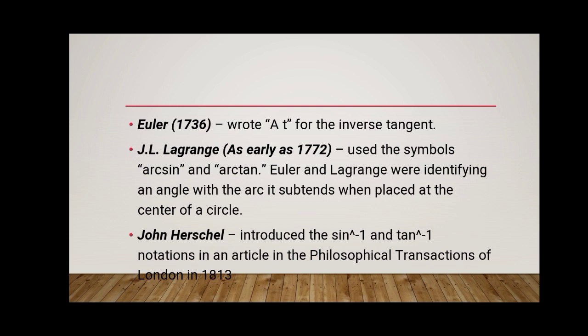Euler and Lagrange were identifying an angle with the arc it subtends when placed at the center of a circle. John Herschel introduced the inverse sine and inverse tangent notations in an article in the Philosophical Transactions of London in 1813.